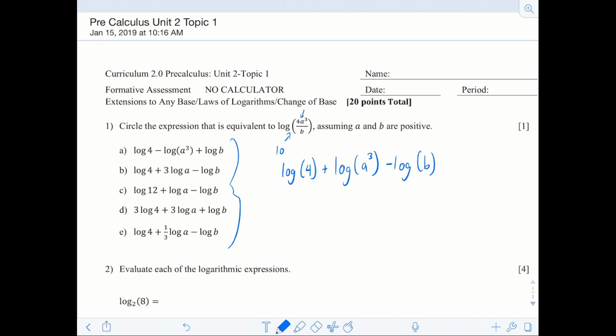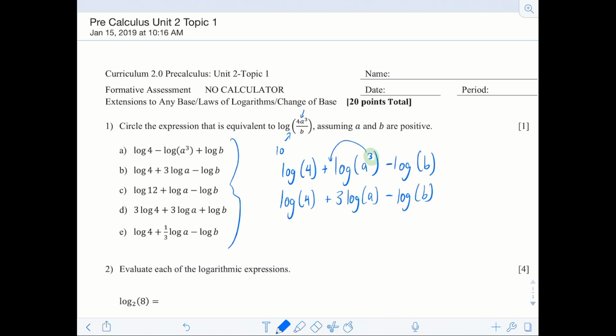In fact, there is actually no answer dealing with this. Also, another thing to take note: if you do have an exponent in a log, you can bring it down in front, which usually deals with expanding as well. So I would write this as log of 4 plus 3 log of a minus log of b, and that would be my answer.